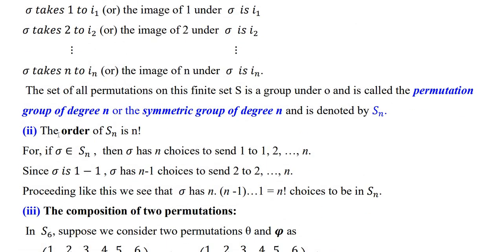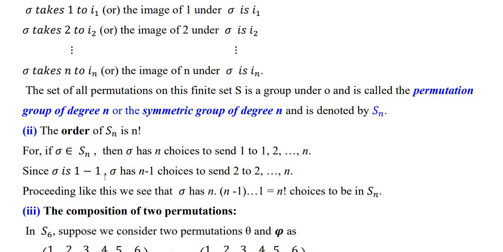Now the order, how many elements we can have in Sn, is n factorial, for the reason that if sigma is a member of Sn, then sigma has n choices to send 1 to the elements 1, 2, and so on up to n. And because sigma is 1 to 1, when one of them is fixed, you have the remaining n minus 1 choices only.